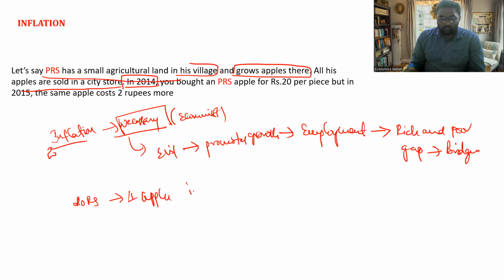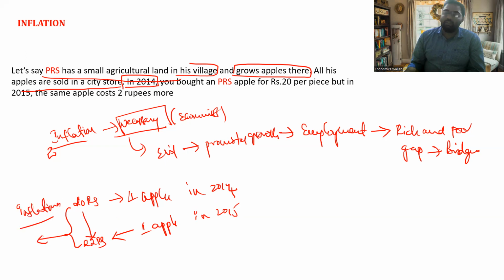When it comes to 2015, the same apple that you want to buy from the PRS garden will cost 22 rupees. So obviously there is a price difference between 2014 and 2015. This price difference is called the inflationary rate.